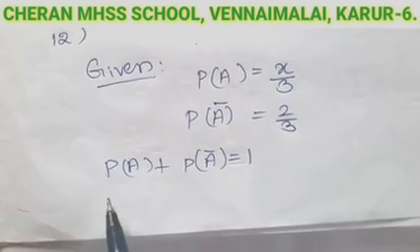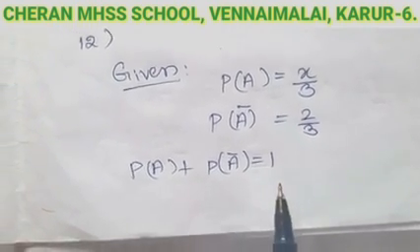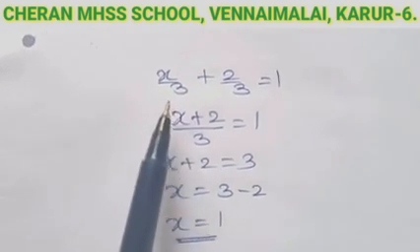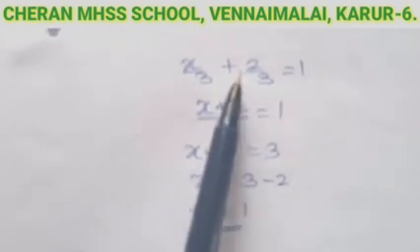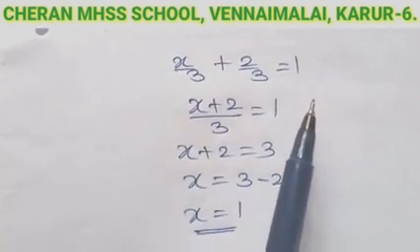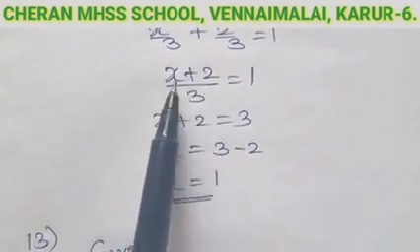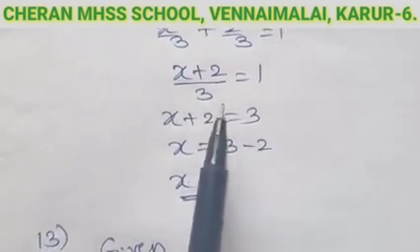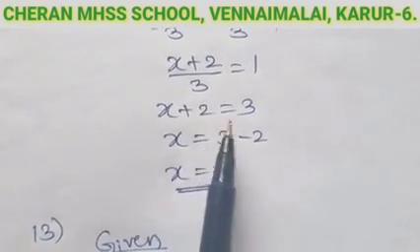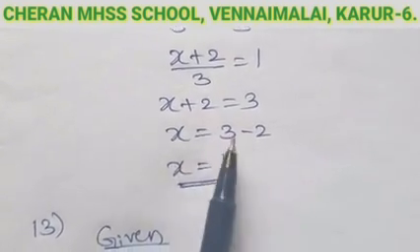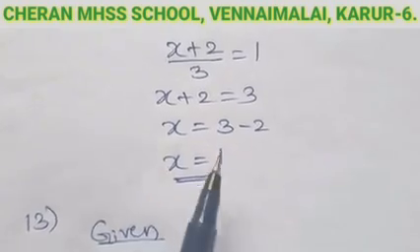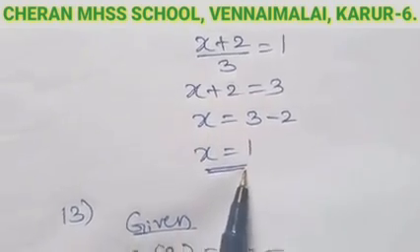We know that P of A plus P of A bar is equal to 1. That is x by 3 plus 2 by 3 is equal to 1. The denominators are the same, so add the numerators: x plus 2 by 3 is equal to 1. Cross multiply: x plus 2 is equal to 3, x is equal to 3 minus 2, which is 1.